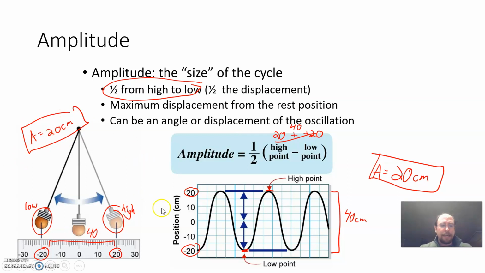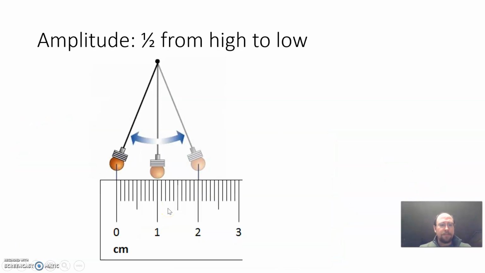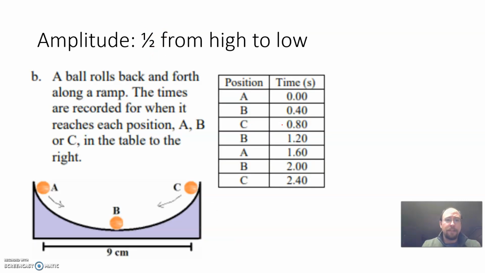When we look at other examples, and like this pendulum, remember when we find amplitude, it's half the total distance. We look on the ruler, it's going from a distance of 0 all the way to a distance of 2. The amplitude's not 2, it's half that. So the amplitude is 1 centimeter. We look at an example like this.